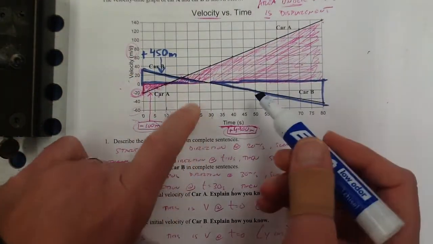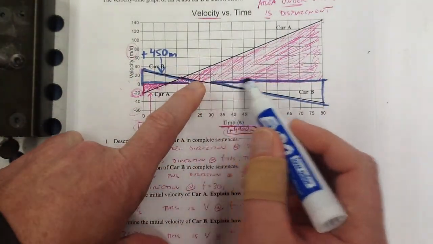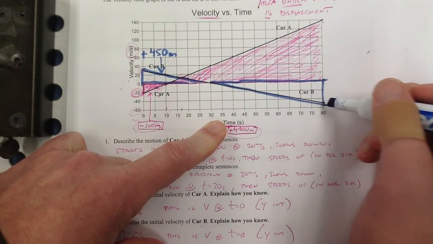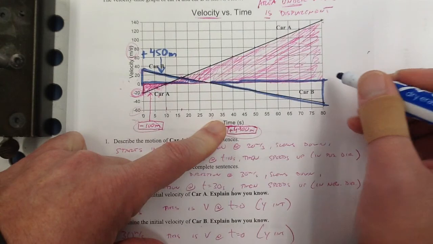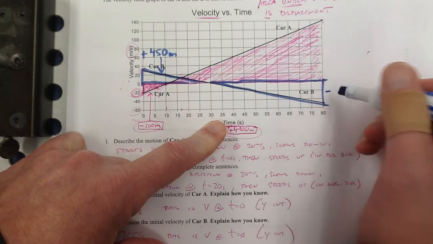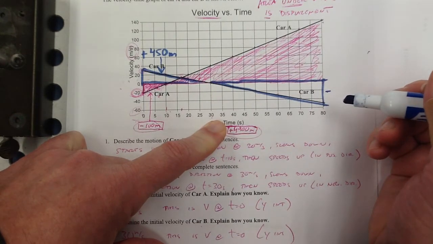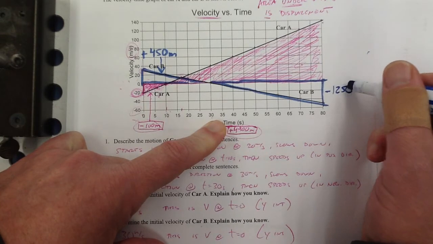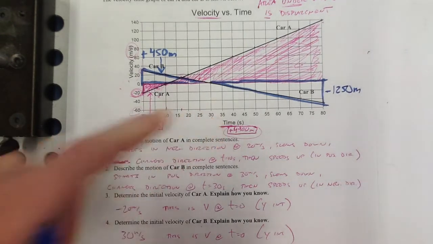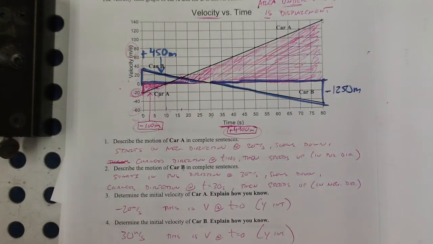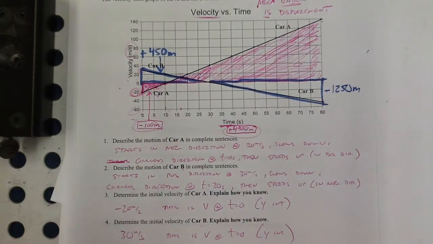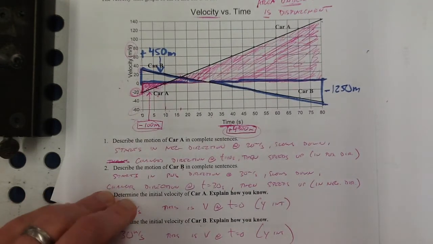And then here I've got 50 by 50. So that is negative, so 50 times 50 is 2,500, so half of that is negative 1,250 meters. So if I've got plus this and minus that, I think that's negative 800 total.